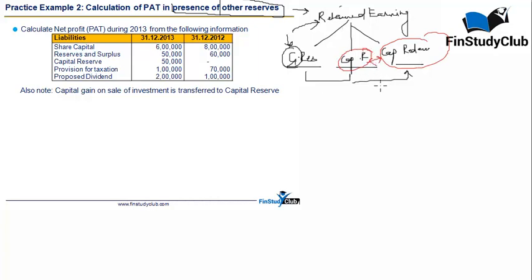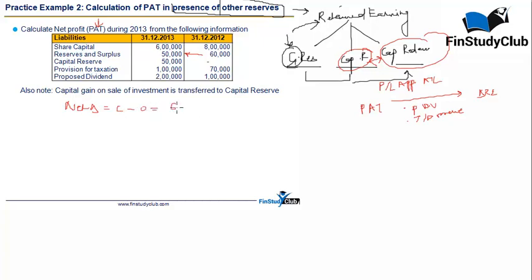Now, the amounts in these are also transferred by the P&L appropriation account, which is to say that in the journey between PAT and the change in retained earnings, along with proposed dividend, you also have transfer to reserves. Let's see how we take these up. Again, the question is on calculation of PAT, where the starting point is the net change, which is closing minus opening.